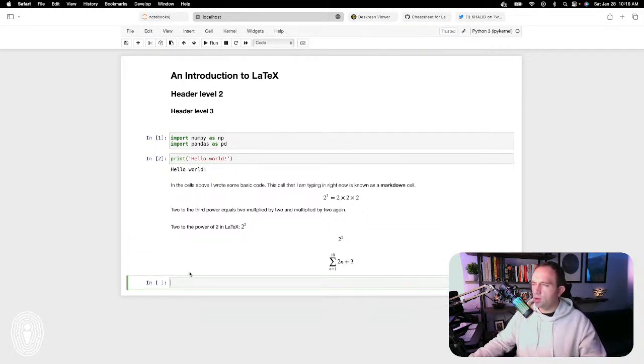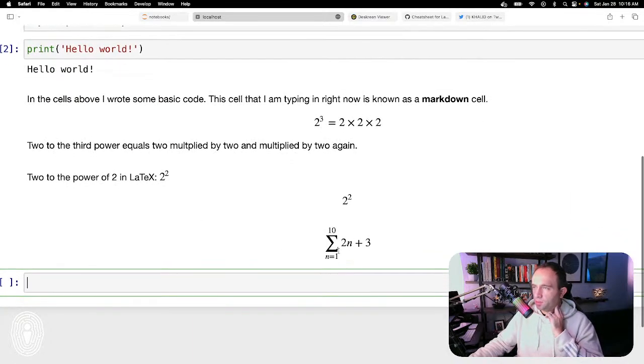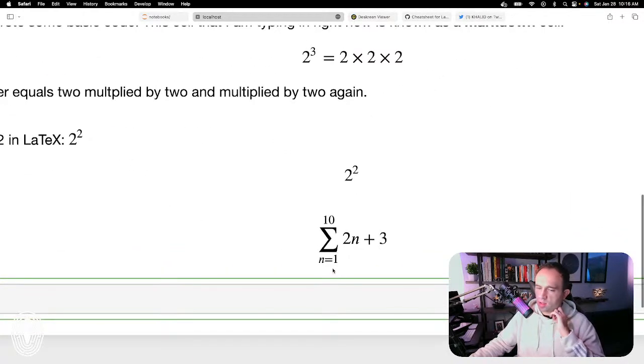Okay, I think I did that right. Yeah, I did that right. So what that is, again in presentation mode, is saying for every number from 1 to 10, I want to add all those together when the term is 2n plus 3.